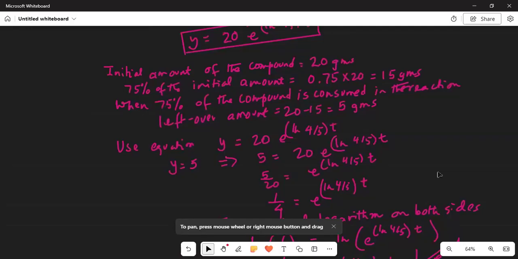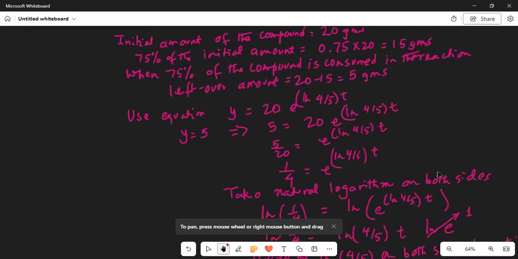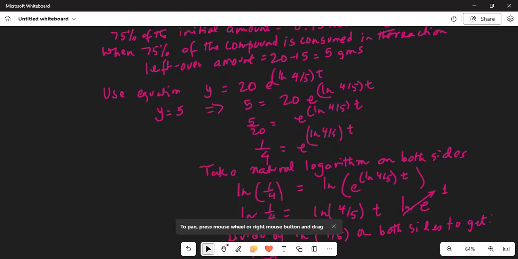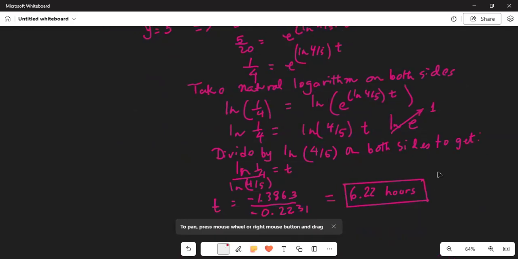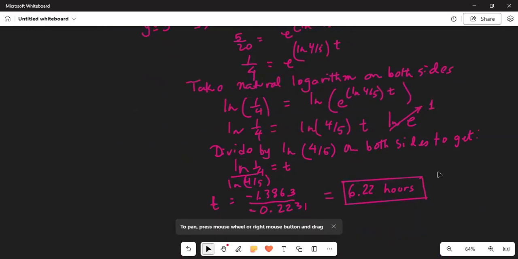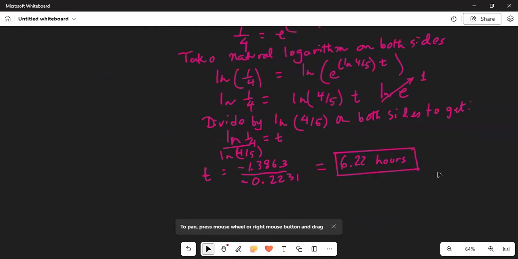Our goal is to solve for t. So we divide by 20 on both sides. Then we take natural logarithm further and we get t equal to ln of 1/4 divided by ln of 4/5, which works out to 6.22 hours.